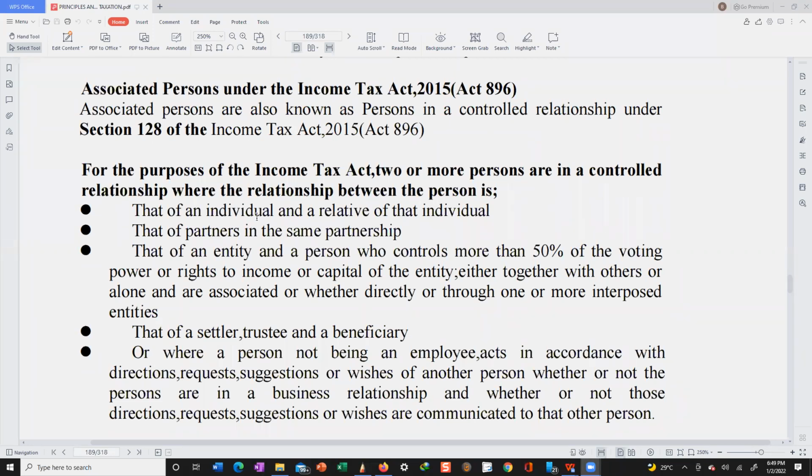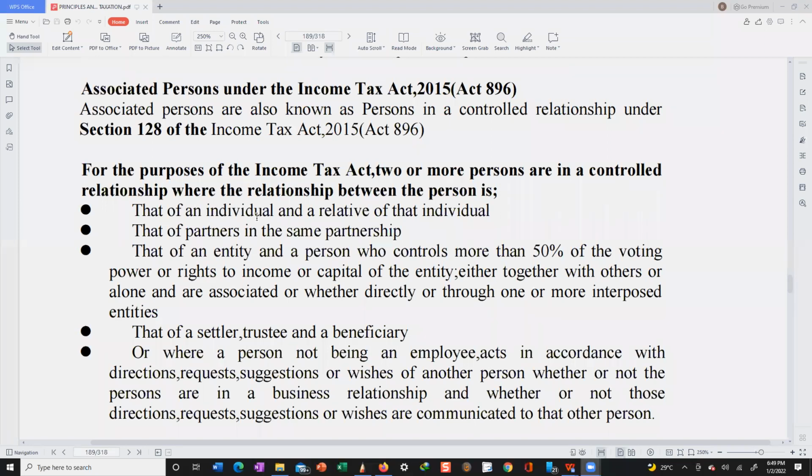Now, for the purposes of the Income Tax Act, two or more persons are in a controlled relationship where the relationship between the persons is, one, that of an individual and a relative of that individual; two, that of partners in the same partnership. So if there are two individuals, an individual and his relative, his spouse, grandfather, grandmother, children, first cousin, niece, nephew, all those people are relatives.